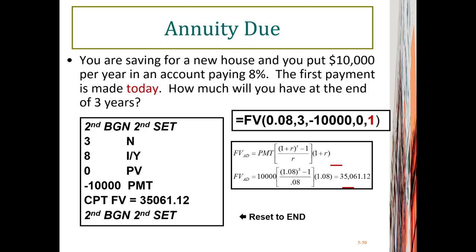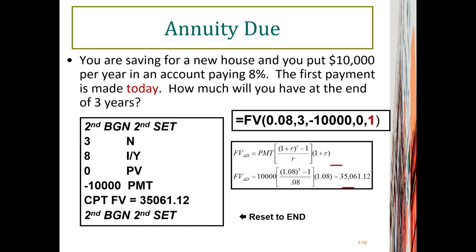So here, the payment happens at the beginning of each time period because the first payment is made today. So here we need to do an annuity due calculation, right? To deal with annuity due, you need to change the mode of your calculator from the default setting of end mode to beginning mode. Right? To get to the beginning mode, you do second PMT, second enter.